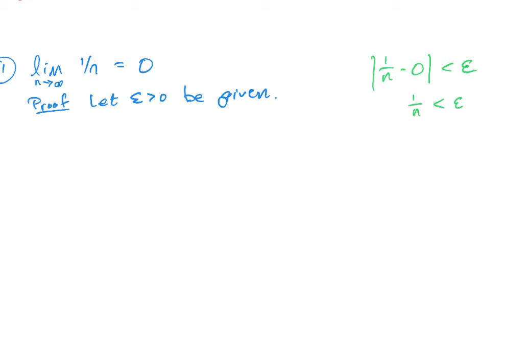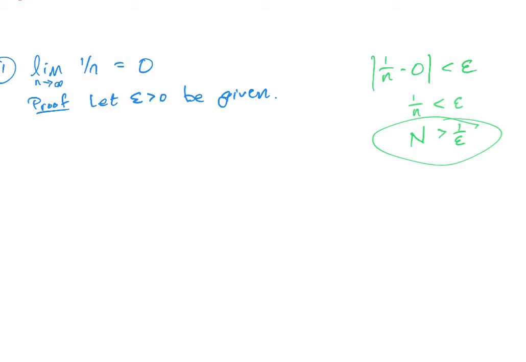So we want n to be greater than 1 over epsilon. Now, why is there a natural number n that is greater than 1 over epsilon?